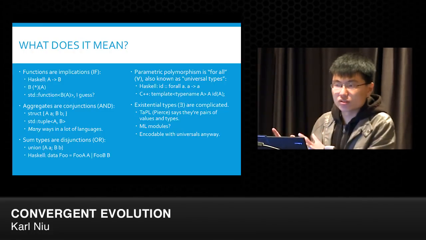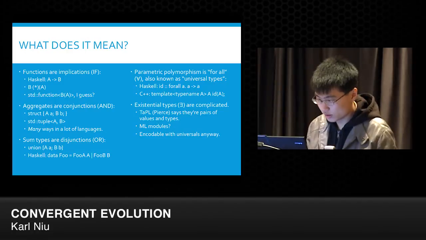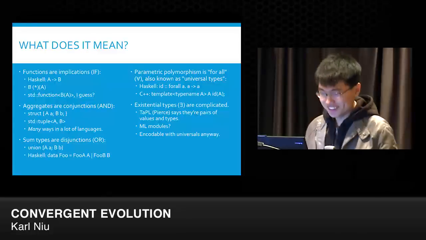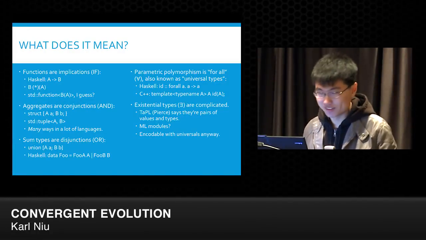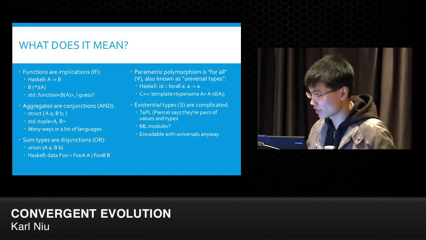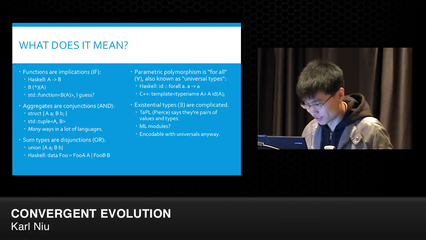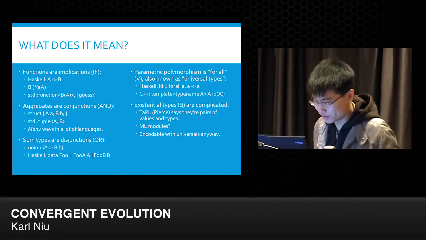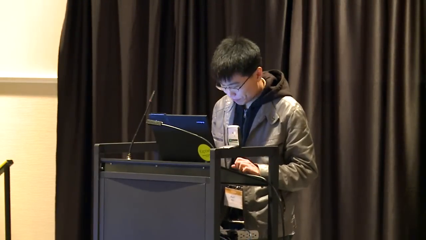These are either-or situations, and that's why they're or. We also have parametric polymorphism. It's for all. Haskell has for all explicitly; you can write forall. In C++, you've got to use templates. Existential types are complicated, and I will not be talking about them. But if you read Types and Programming Languages, apparently they are pairs of values and types together. I'll leave it at that.